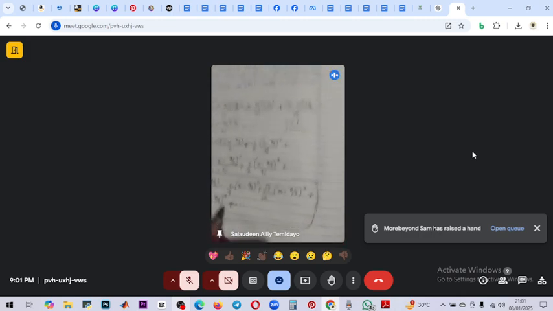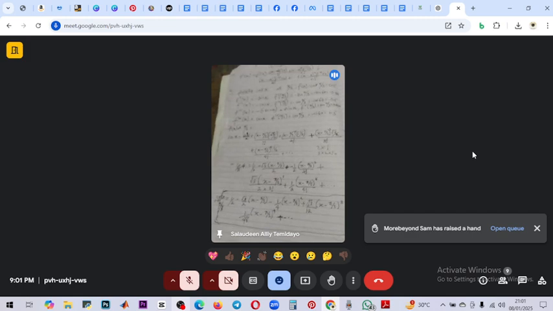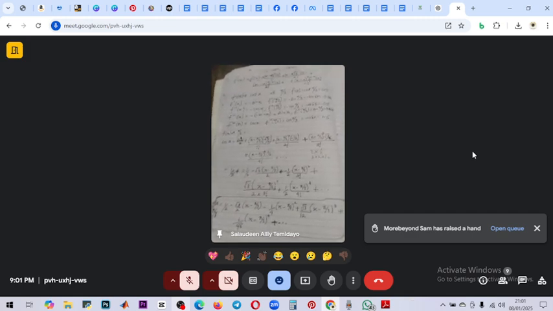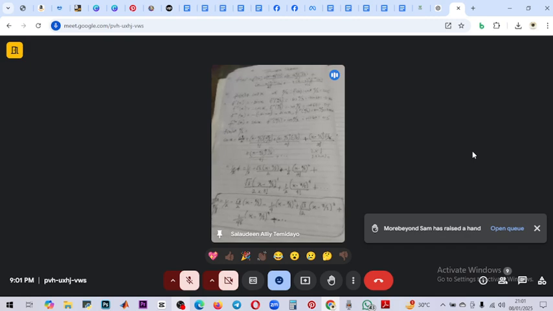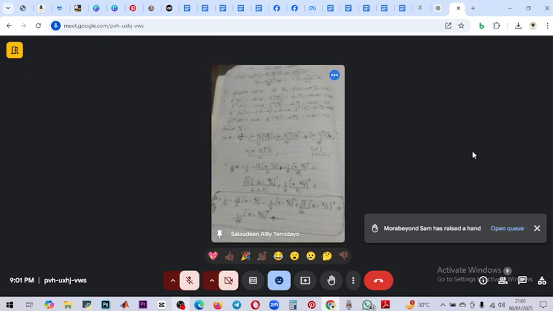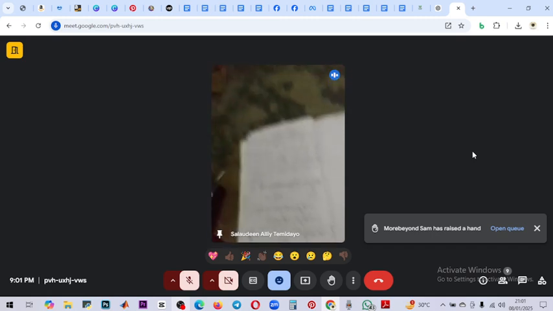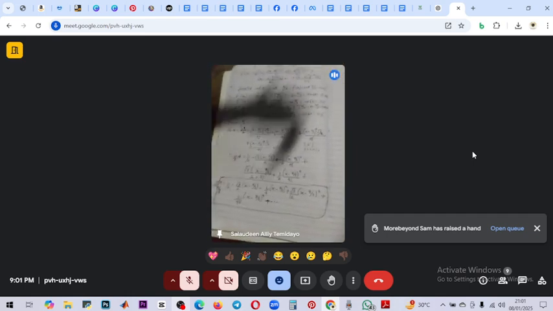So if you stopped at 3 in this question, will it have still been correct? It is still very, very correct. Did you get it? In fact, if you stopped at 2, it's still correct. But you must put your 3 dots here, not just infinity.